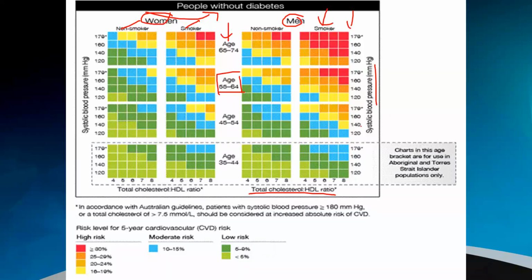One of the other very important things not to forget is that you can see 120, 140, 160, 179. The important thing to understand is what is the maximum systolic blood pressure you can put in this box. It's not 120, you can put 130. So up to 130 is the maximum systolic blood pressure in this box.